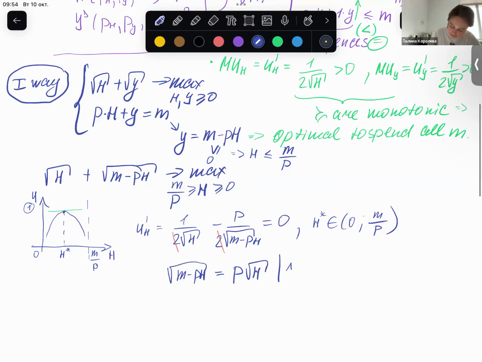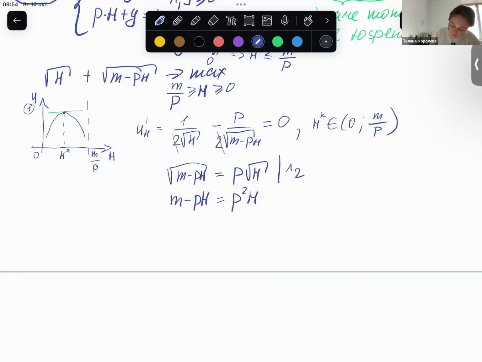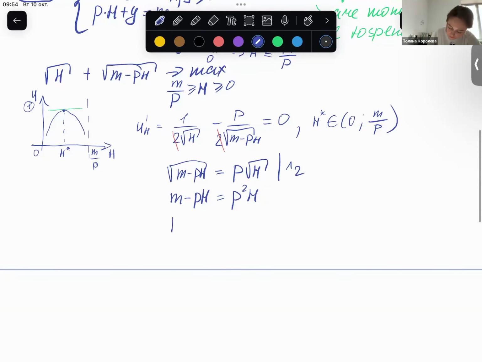So put everything to the power of 2. There will be m minus ph equals p squared h. And then heating will be equal to monetary income over price multiplied by 1 plus price.